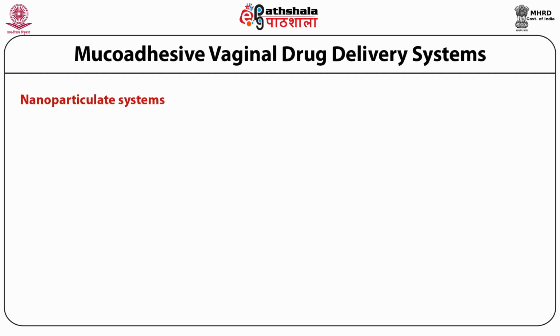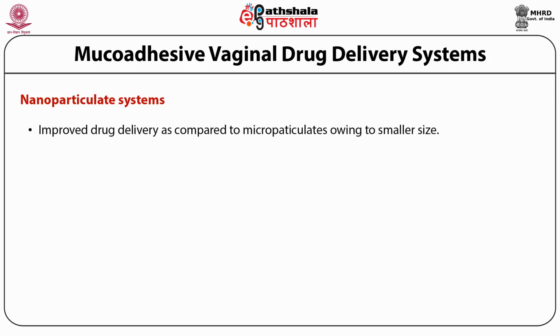Nanoparticulate system. Amongst the various colloidal systems, the one which has come up as very promising is the nanoparticulate system. They have been exploited equally nicely for delivery into the vaginal tissue. They help in improved drug delivery as compared to the microparticulate systems merely due to their smaller size.